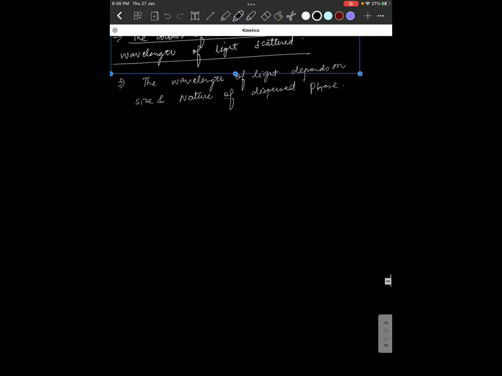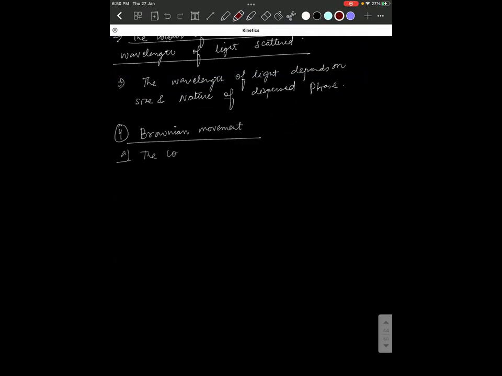Now the fourth and last property for colloid is Brownian movement. So what is Brownian movement?